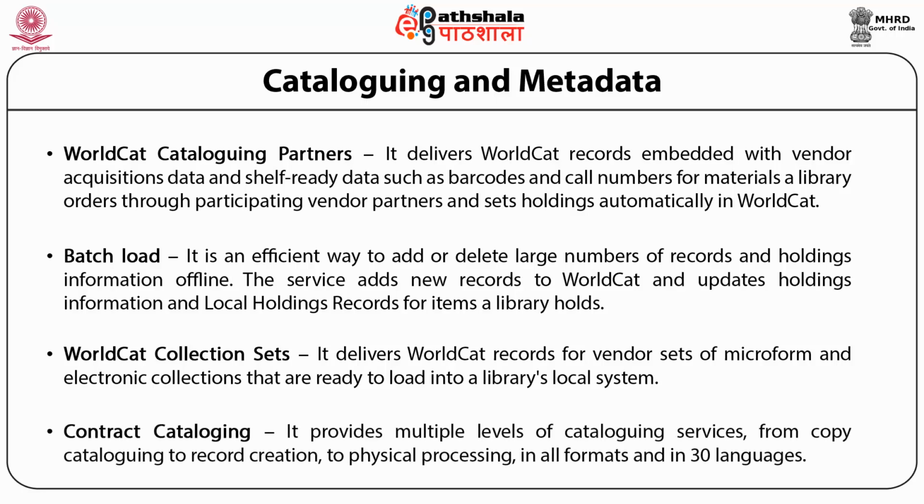It provides multiple levels of cataloging services, from copy cataloging to record creation to physical processing, in all formats. This service is provided in almost 30 languages. So for libraries which do not have people who know foreign languages, that kind of service is of quite a help.